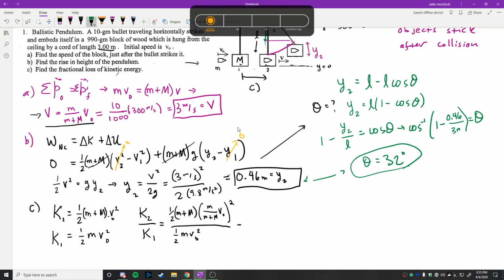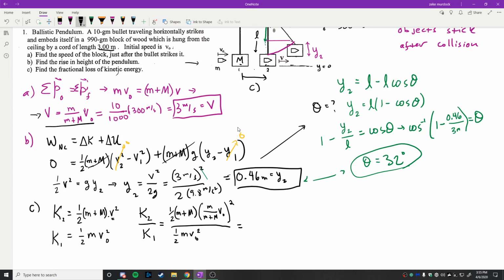What we're left over with, and you can do the mathematics for yourself to prove that this is true, is going to be... you can do the algebra yourself if you want to. I think that's what you're going to get. Do you guys agree? I'll give you a second to work out the algebra yourself if you want to.